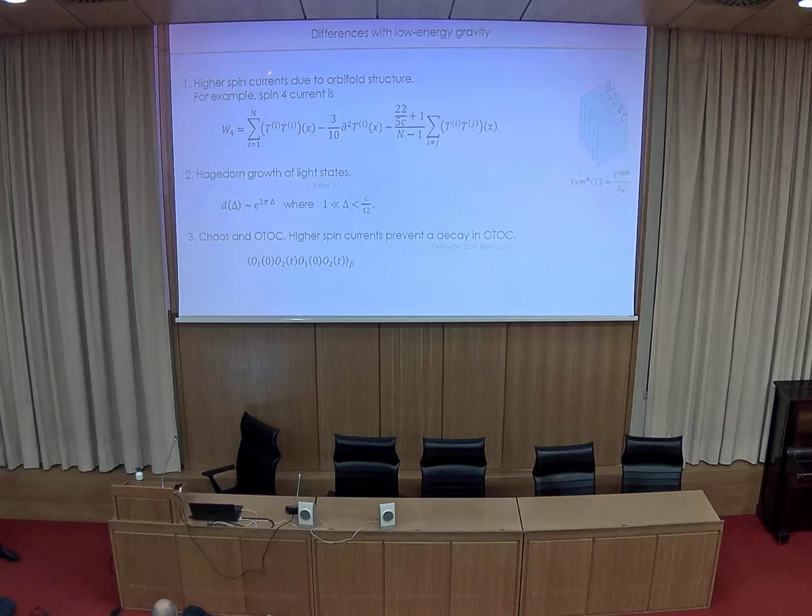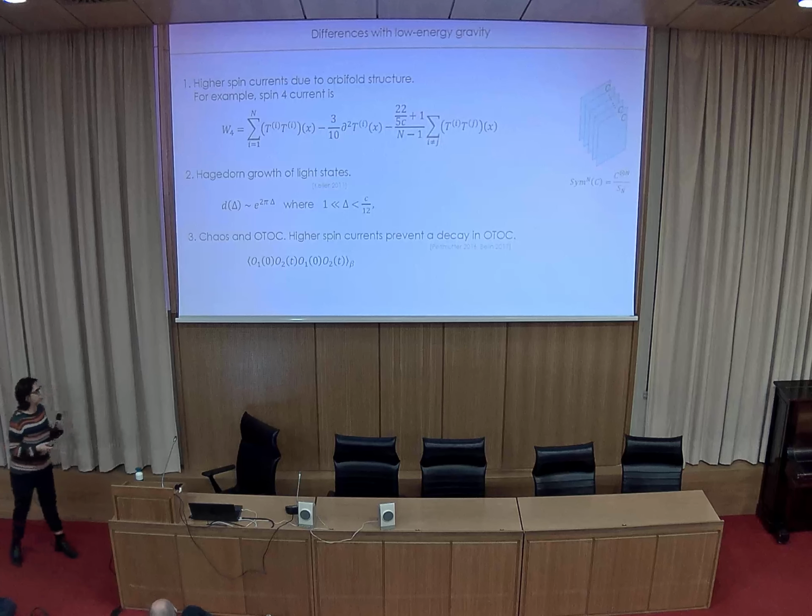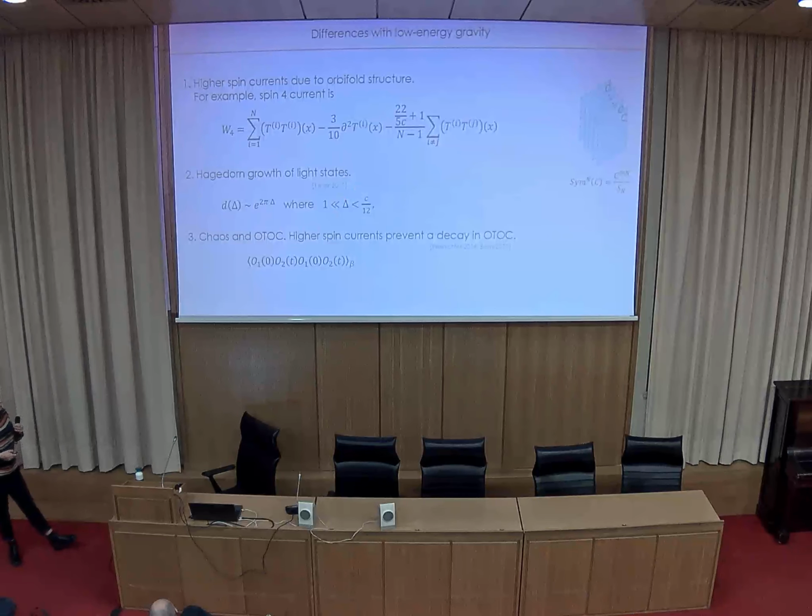So they have higher spin currents, and we know that low energy effective theories of gravity do not have higher spin currents. Second, there's a Hagedorn growth of light states. This was shown back in 2011 by Christoph Keller. I'll define light states more as we go along, but for the context here, they're states whose conformal dimension is less than c/12. They're light because the conformal dimension will not grow with the central charge of the theory.